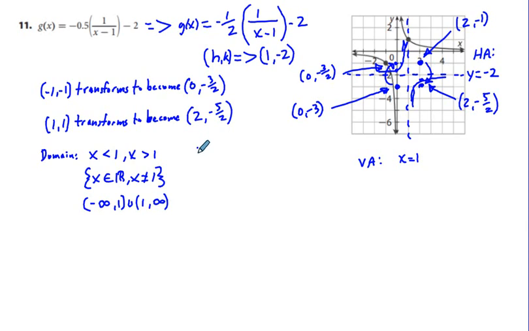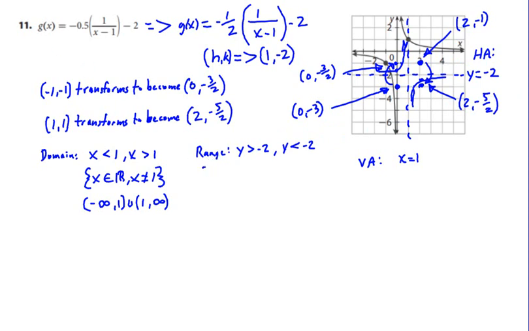And for our range, that's going to be a similar notation. We're going to have y is greater than negative 2, and we're going to have y is less than negative 2. Again, that's going to be the location of that horizontal asymptote.